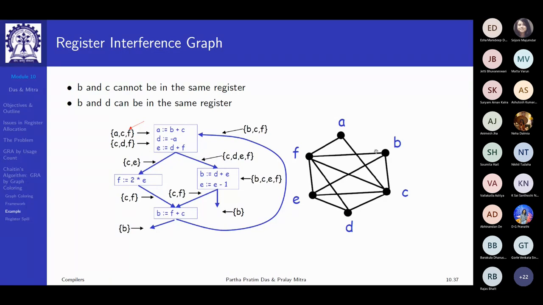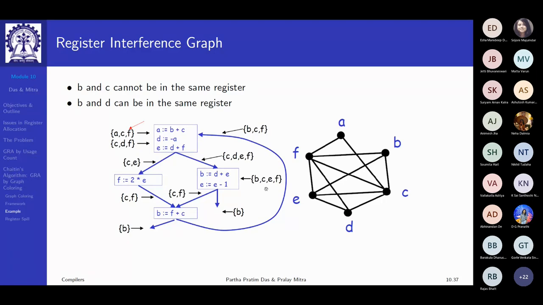So there is no edge between A and B. Whereas here, let's say BCF, B and C occur together. So we'll have an edge between BC, CF, and BF. We'll have a clique in that.